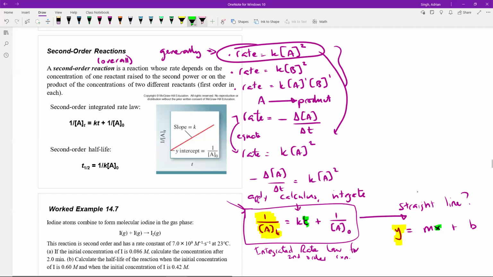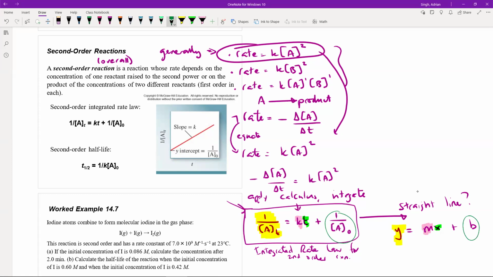And then the slope here is actually equal to the rate constant K. And then the y-intercept would be 1 over the concentration of A at time 0. Right, that's your y-intercept B. So again, making some equalities, making some approximations, we can approach the integrated rate law for a second order reaction graphically.